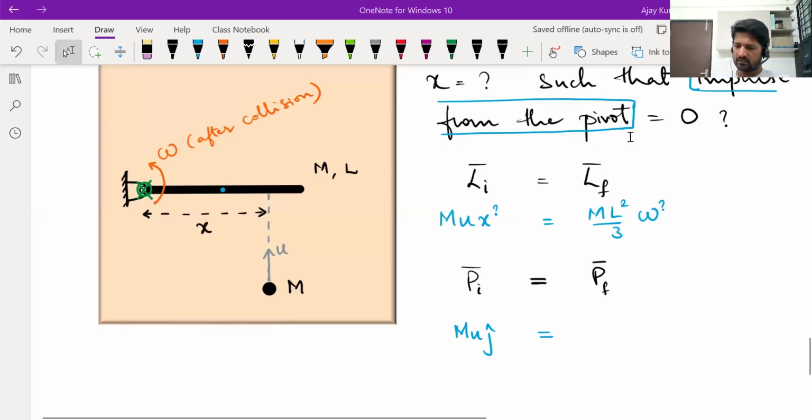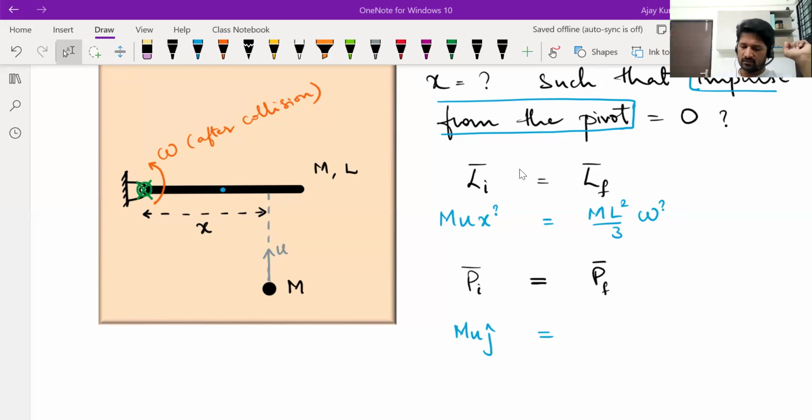Okay, you are saying it is 3 mu by 2. You don't know the angular velocity. You don't know how fast the rod is rotating. There's no way you can tell for sure how much its final momentum will be. Anyway, final momentum is the momentum of the rod. Rod is a rotating object.